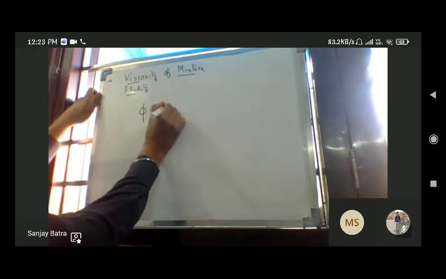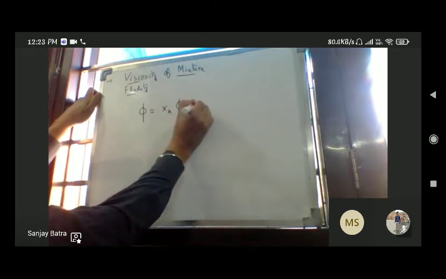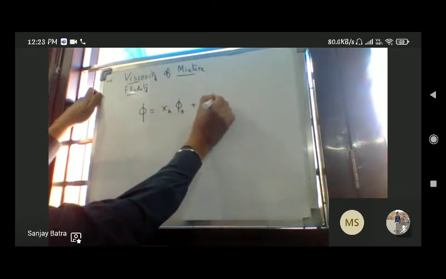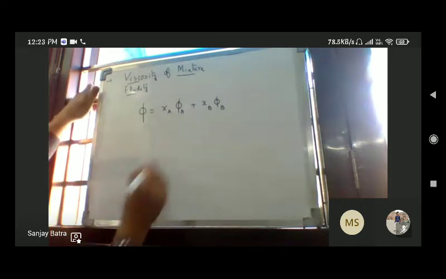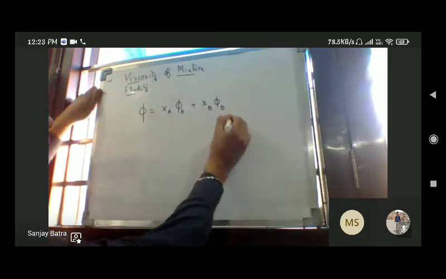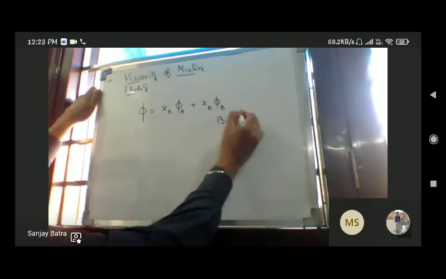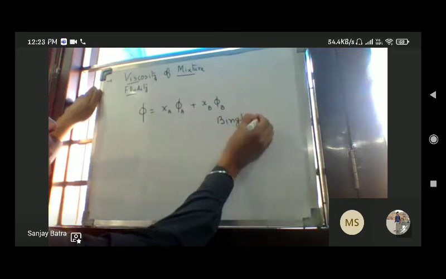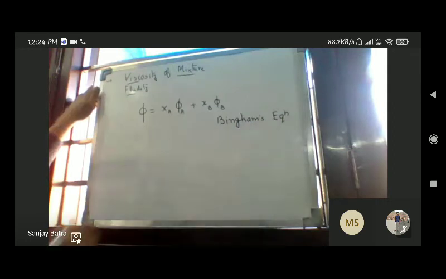It is equal to XA into phi A plus XB into phi B. This is one of the equations given by a scientist called Bingham, Bingham's equation. बस इतना ही याद करना है आपको.